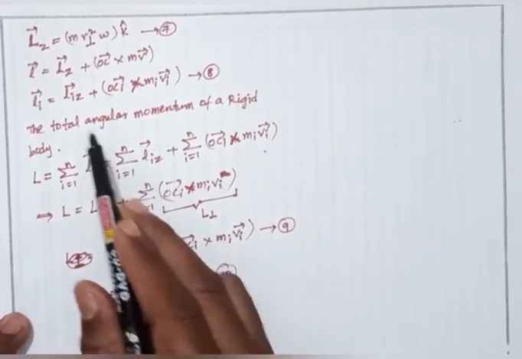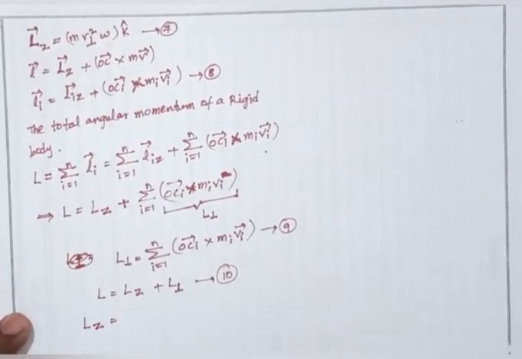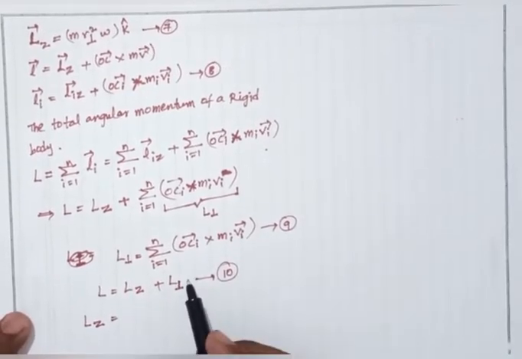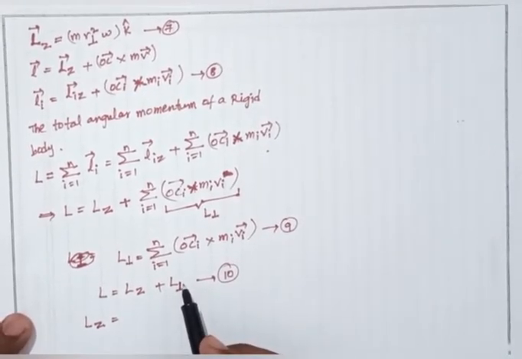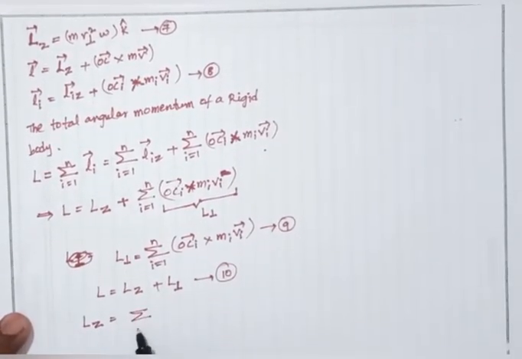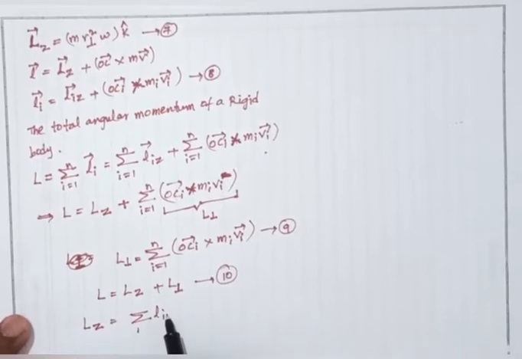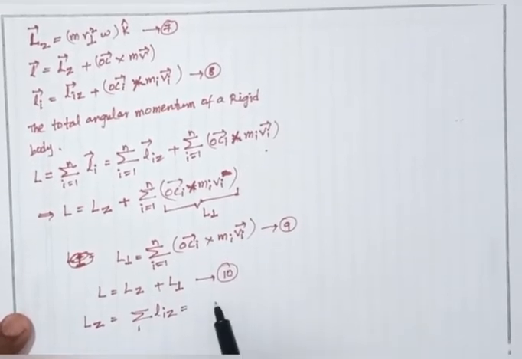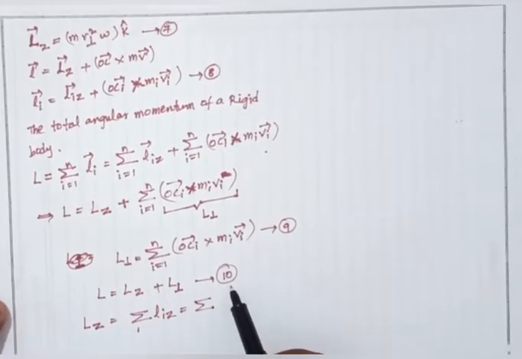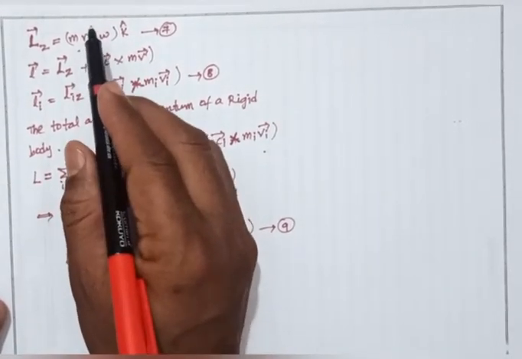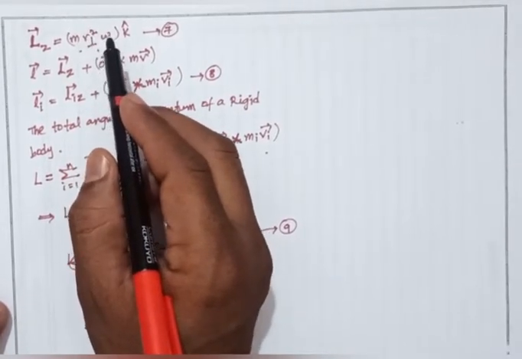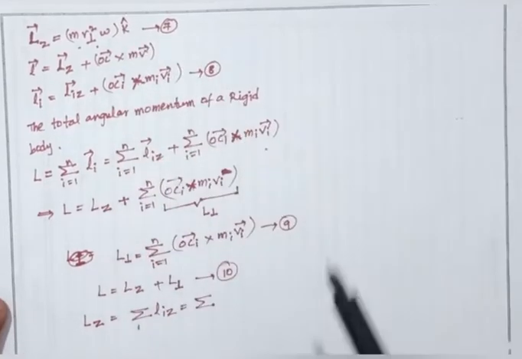Lz equals the summation over the L_iz, which equals the summation of m R perpendicular squared omega k.